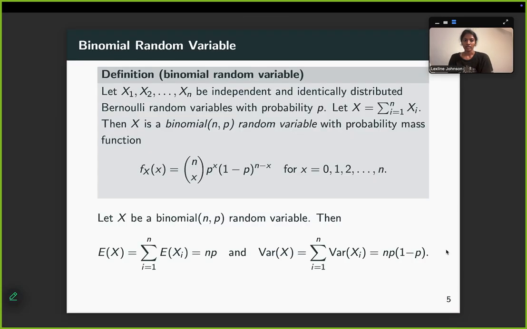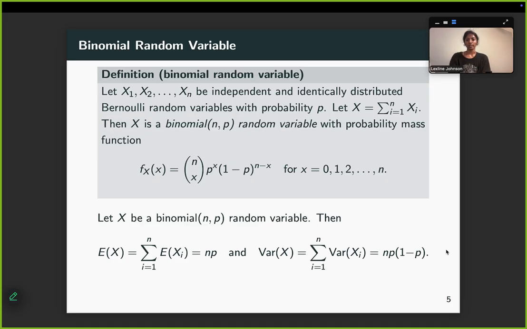So now we have binomial random variables. Bernoulli random variables are when we have one trial, but our binomial random variables are for when we have multiple trials, and then we have a distribution based on that.